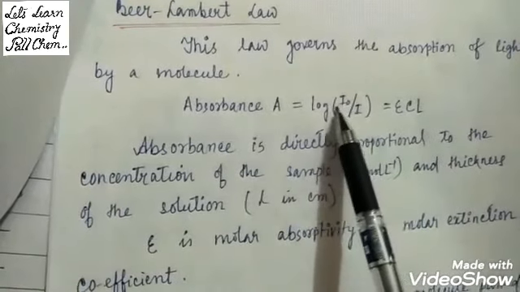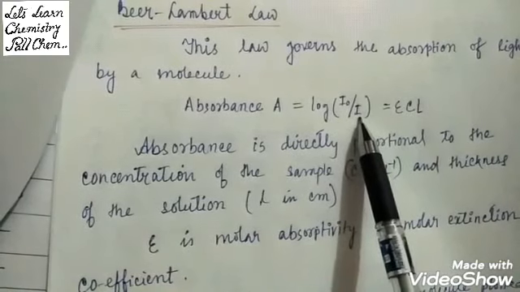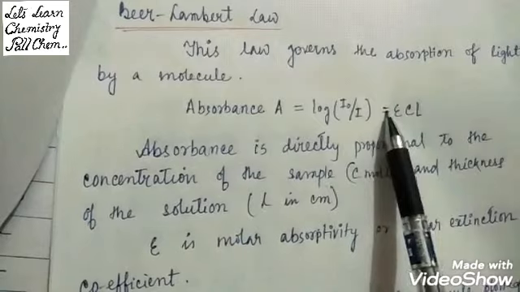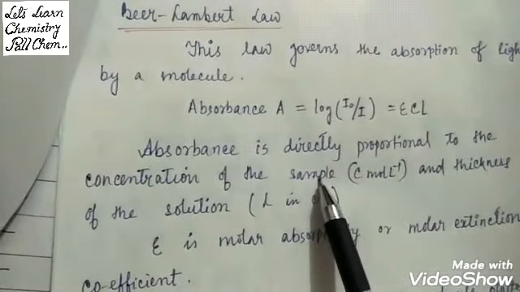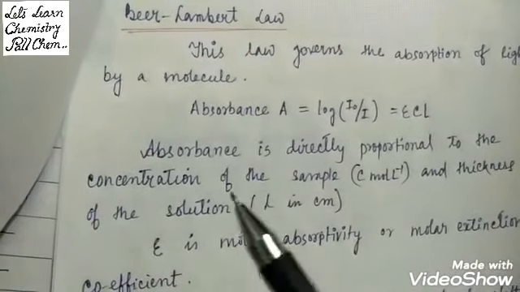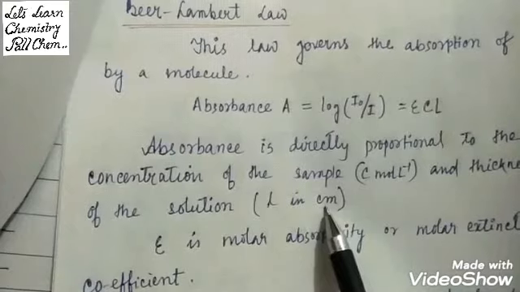I naught is the intensity of the incident radiation and I is the intensity of the transmitted radiation. So A is directly proportional to the concentration of the sample, in mole per liter, and the thickness of the solution taken, L in centimeter.